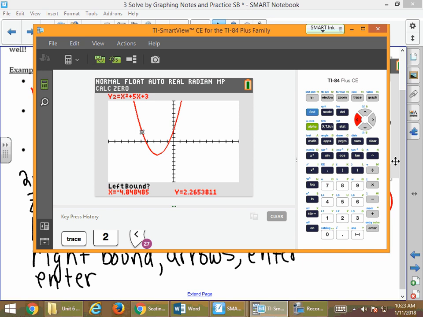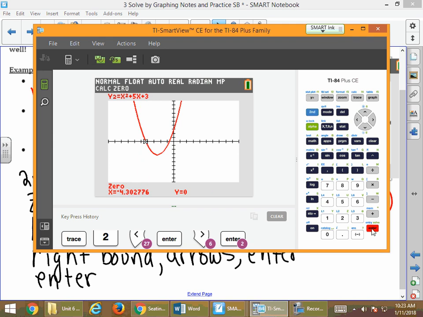Once we put it where we want it, roughly here, your numbers at the bottom of the screen do not have to be the same as mine. Hit enter. Then we're going to do the right bound, somewhere to the right of where the graph crosses the x-axis, going to press enter. And in between those 2 arrows is where the graph crosses the x-axis. We're going to hit enter one more time.